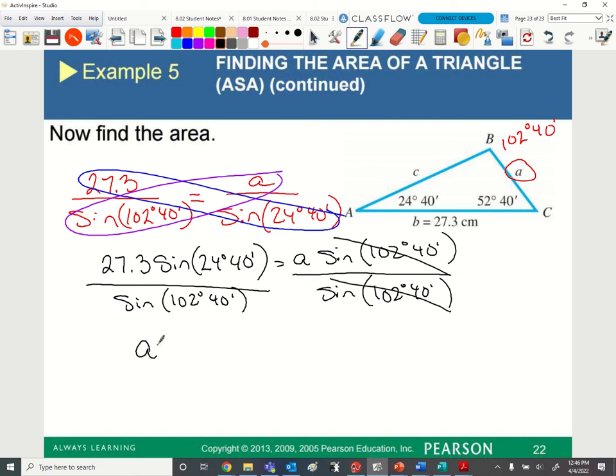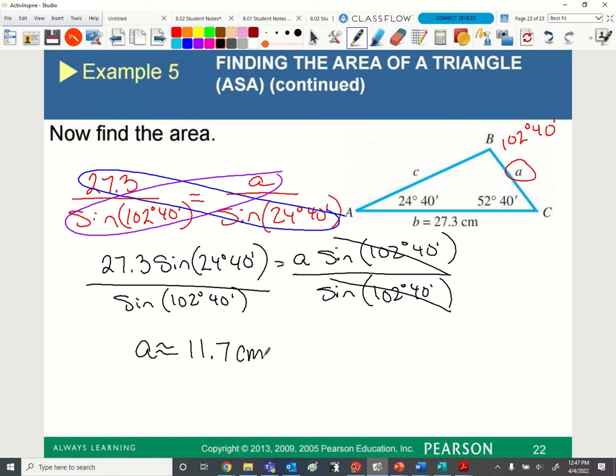So little a, what do we get for little a? 11.7. And my units are? Centimeters. There we go, centimeters. Are we still okay?